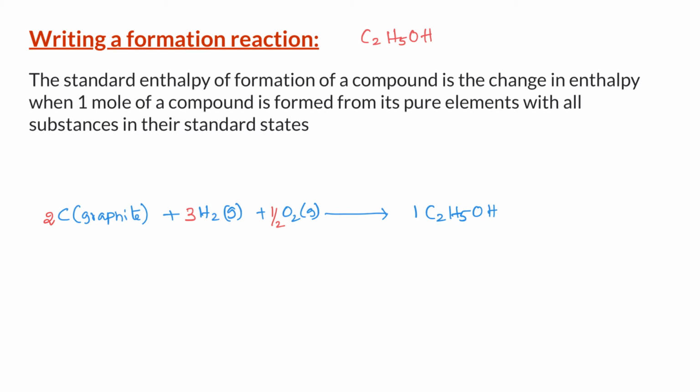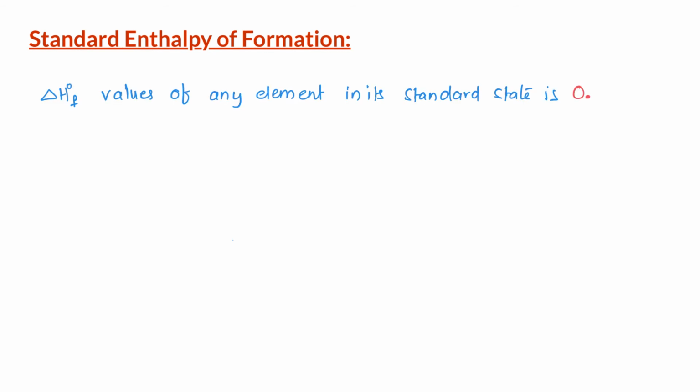The enthalpy change for this reaction is called the enthalpy of formation of ethanol, and the value is negative 277.38 kilojoules per mole. The standard enthalpy of formation of any element in its standard state is 0 by definition. For example, O2 gas, H2 gas, carbon graphite, all these are pure elements in the standard state.